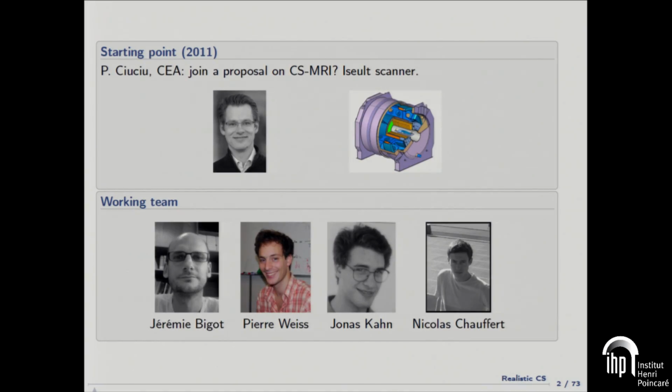The starting point of this work was given by Philippe Ciuciu at the CEA in Saclay, in Neurospin. This is a neuroimaging center where they have MRI coils, and it's like the best European neuroimaging center, let's say it.